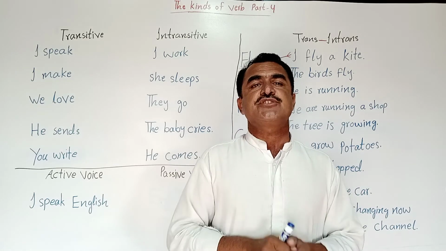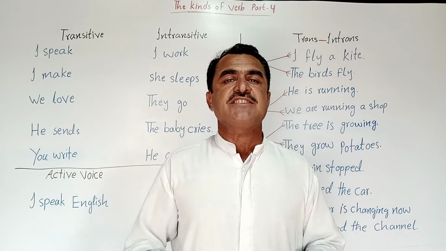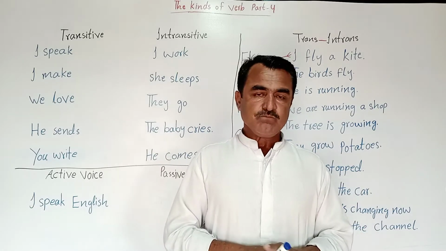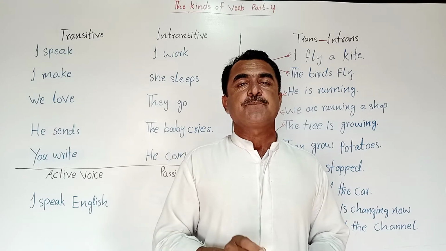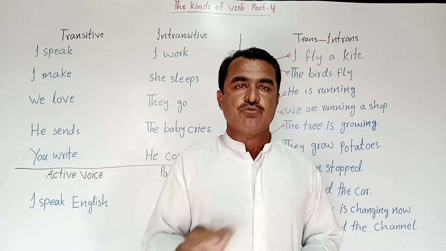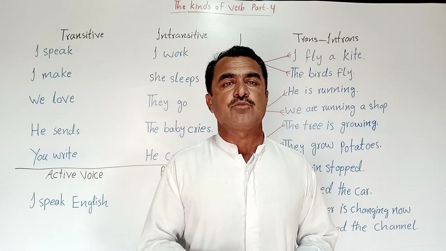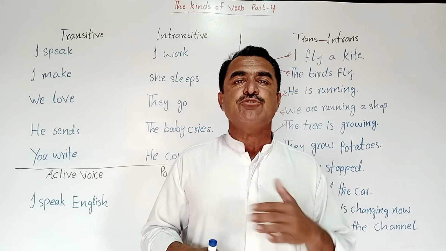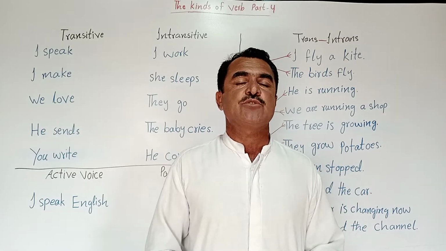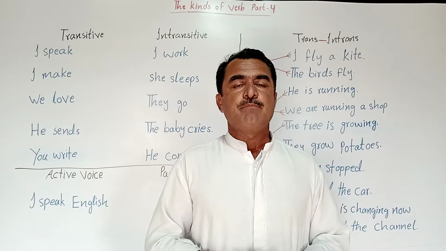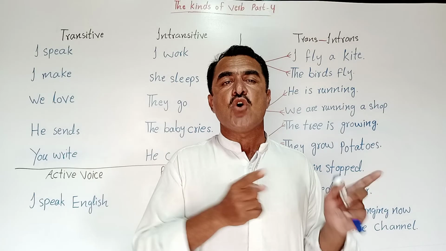The third sign to identify transitive and intransitive verbs is that a transitive verb is used in both active and passive voice, and an intransitive verb cannot be used in passive voice, because intransitive verbs do not have objects.